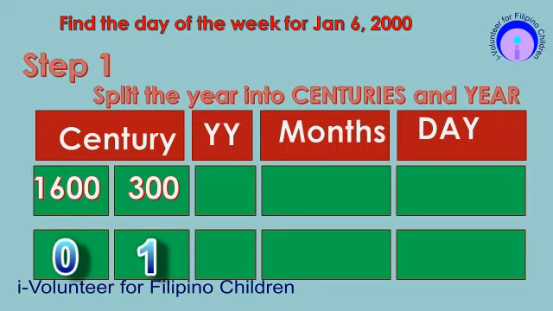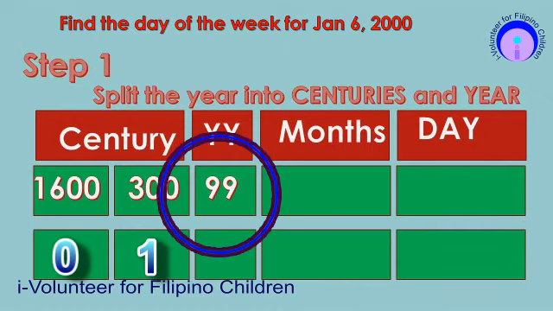We refer to the table on first 100 years, 200 years, 300 years, and the last one is 400 years. Ang 99 naman, ito yung mapupuno ng hanggang December 31, 1999. Ang susunod na step natin ay para hanapin ang odd day ng 99 years.